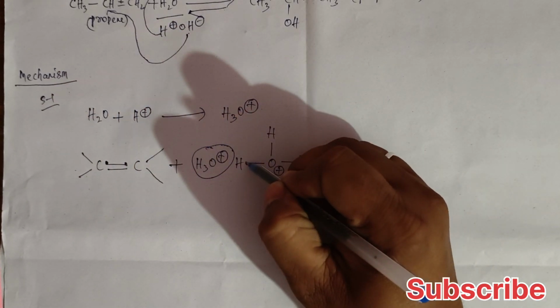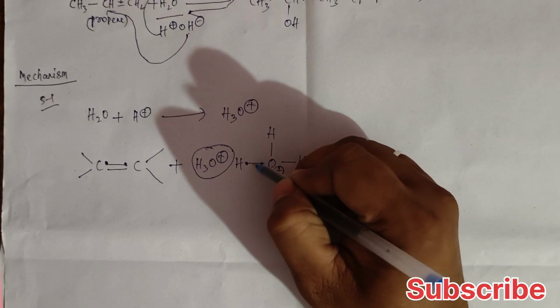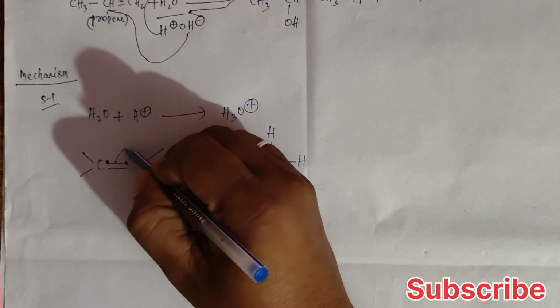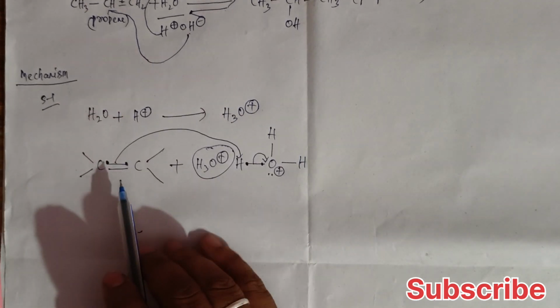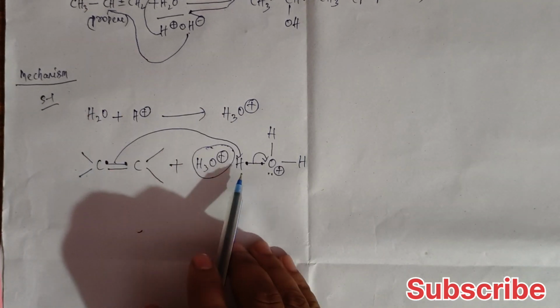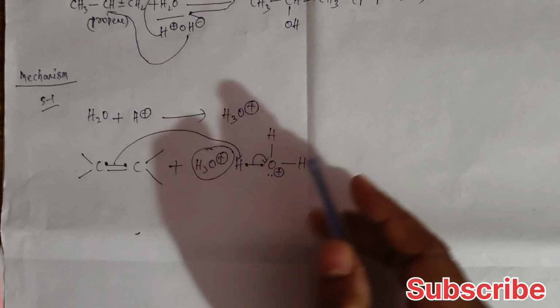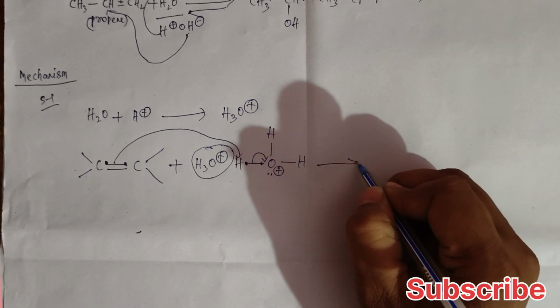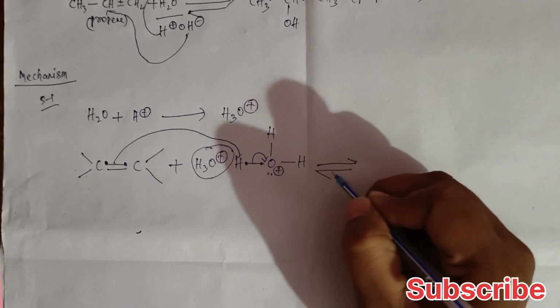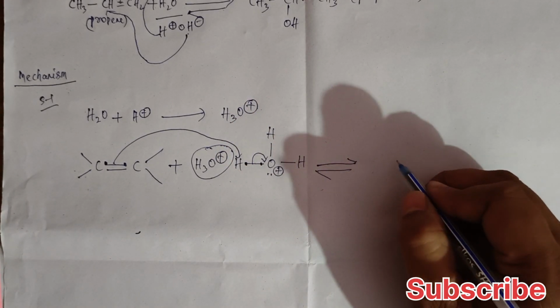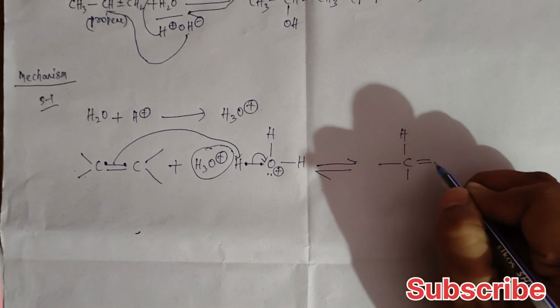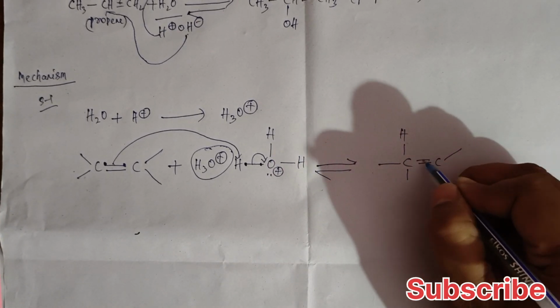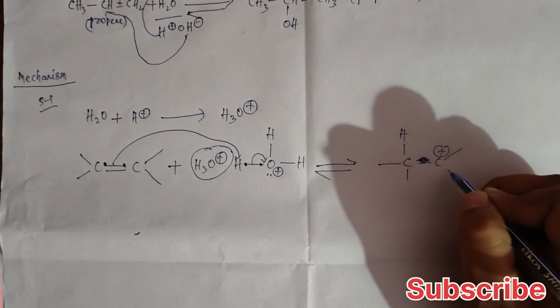To get stable, this lone pair will come to the oxygen atom and this pi bond attacks this hydrogen atom, takes this hydrogen atom and forms a carbocation. The carbocation is like this: CH3C, CH, double bond, C, single bond, plus charge.